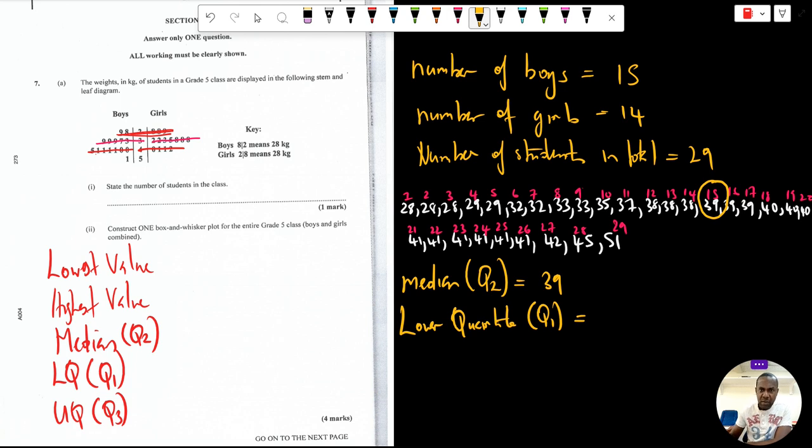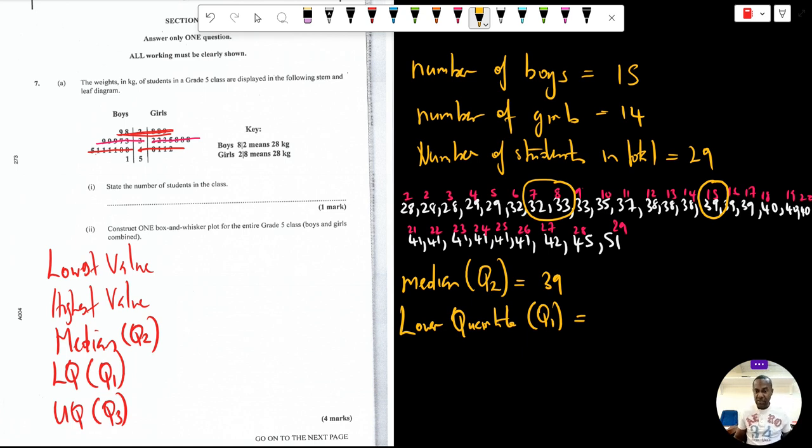Now, if we have 14 items and we count from left and from right, we're going to count 6 from either end, and that leaves the 7th and the 8th item, which are, of course, in the middle, right? So 14 divided by 2 is 7. So we want 6 from either end.